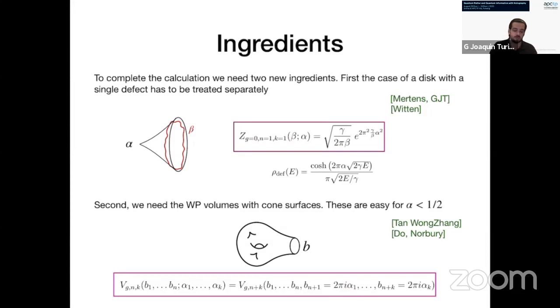For example, here I have n boundaries and k defects, and the defects have parameters alpha. I compute the Weil-Petersson volume with n plus k geodesic boundaries, and the extra boundaries that I added I analytically continue in this way. Is this clear? This is just the math result.